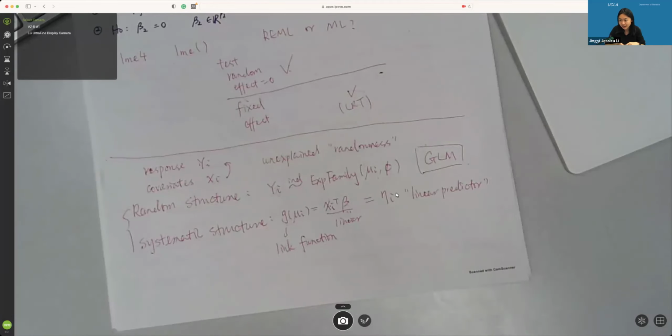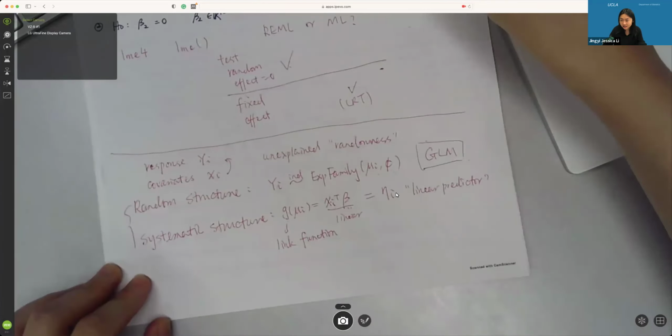It's called a score test. The score test is another way that's based on the score, which is the gradient of the log likelihood. We can also construct a statistic because we know that under the null model, the score statistic will have expectation 0, and the variance is the Fisher information, basically. Yeah, so that's how we can do the score statistic. All right, that's the fixed effect covariates.